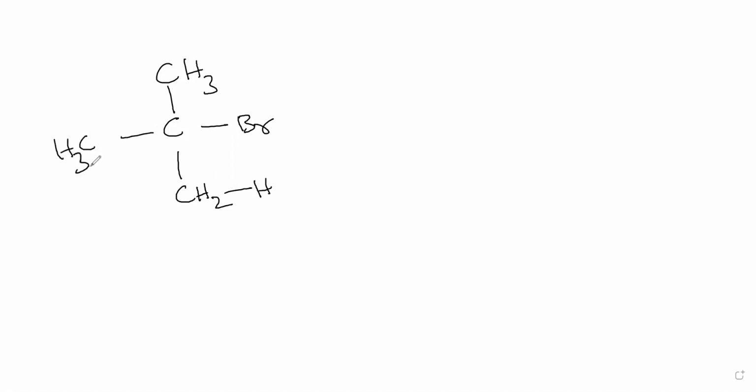So you have this. So what will happen here is this. So you have this, which will pick up proton from here and causes the elimination. This is what happens.